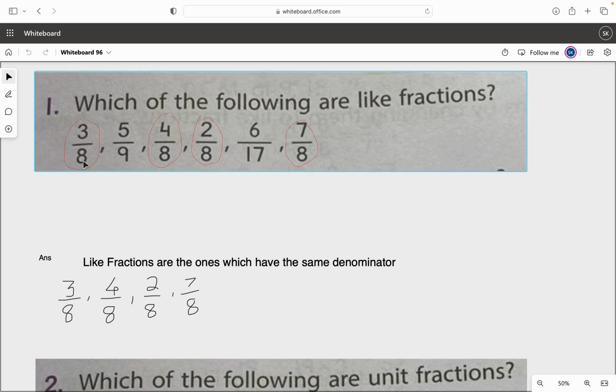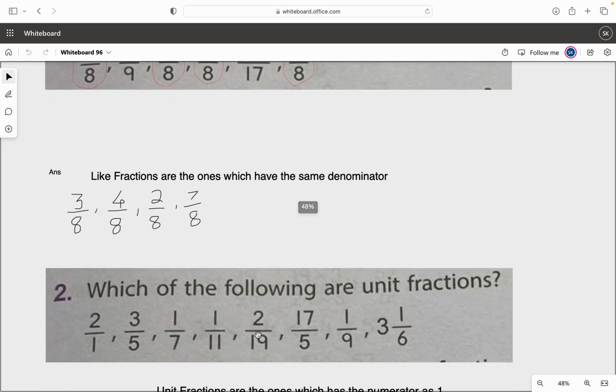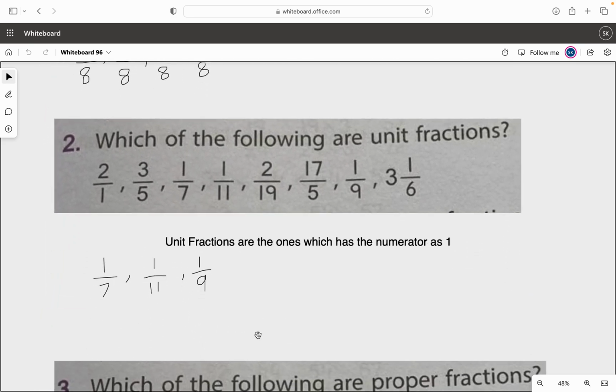Denominator is the one at the bottom, and the numerator is on the top. So the like fractions in this series are 3 by 8, 4 by 8, 2 by 8, and 7 by 8.